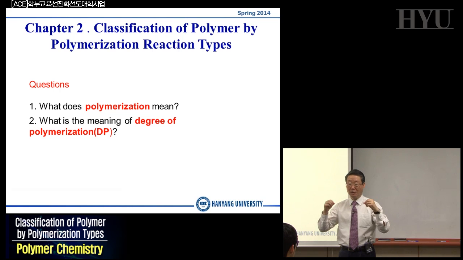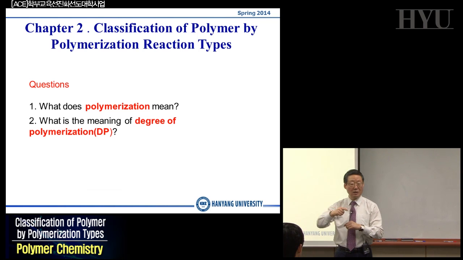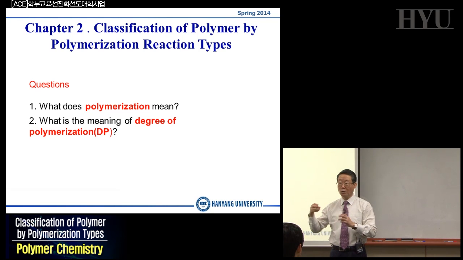So you increase molecular weight very slowly in the case of step growth polymerization, whereas in chain growth polymerization, because of the chain reaction, the molecular weight is pretty high at the beginning. We will talk about that. Anyway, there's a difference between step growth and chain growth.